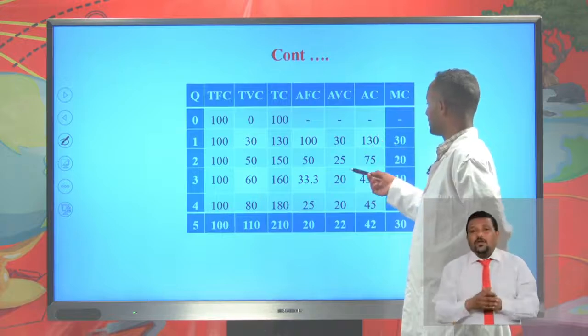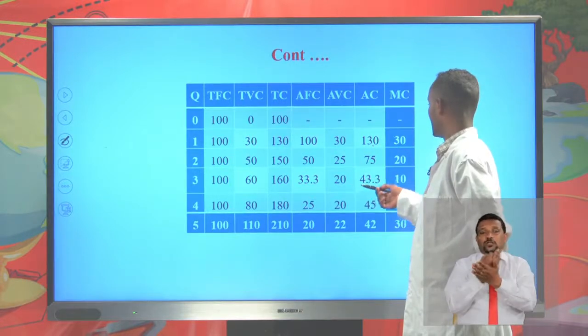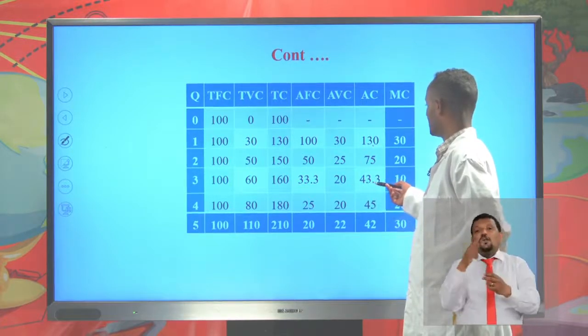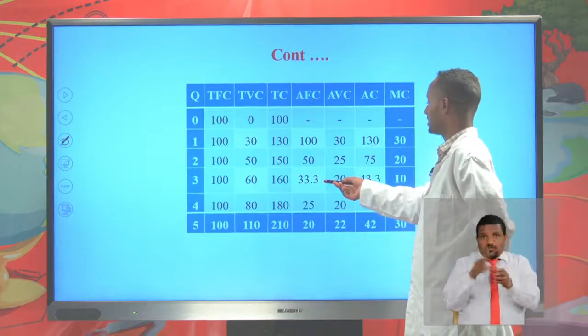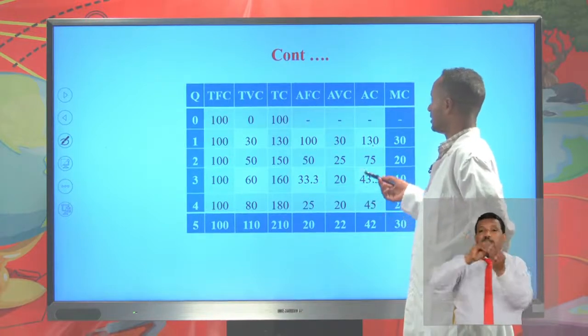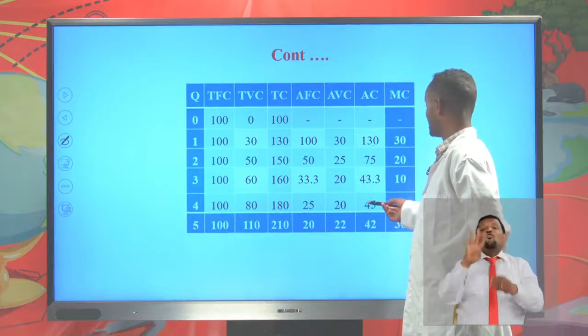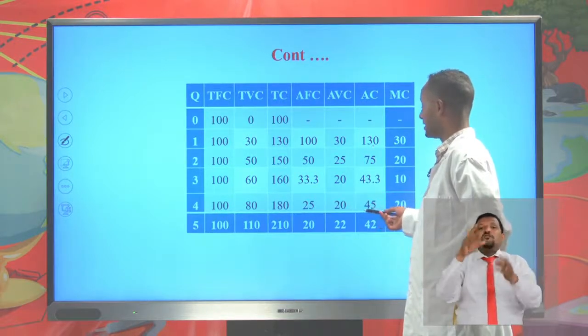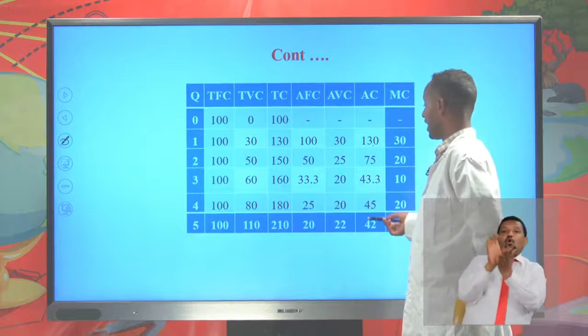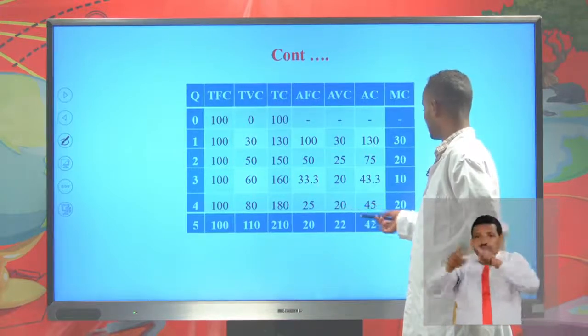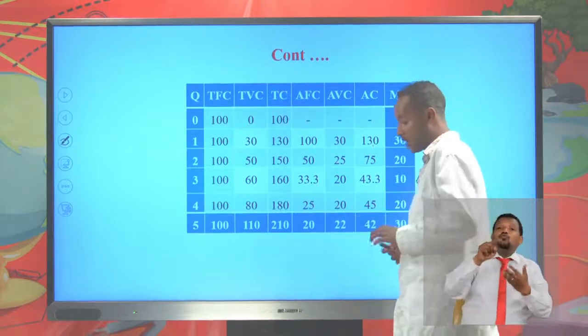The average cost of producing 3 units of a commodity is 53.3, which is the sum of 33.3 and 20. The average cost of producing 4 units is 45, which is the sum of 25 and 20. The average cost of 5 units of a commodity is 42, which is the sum of 20 and 22.